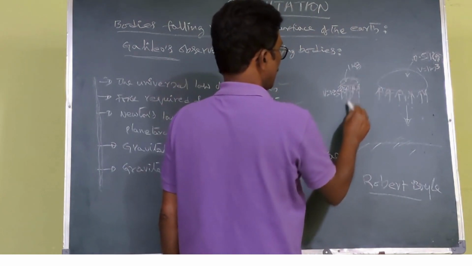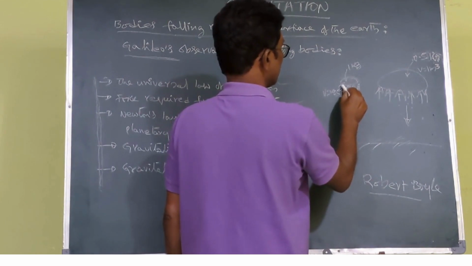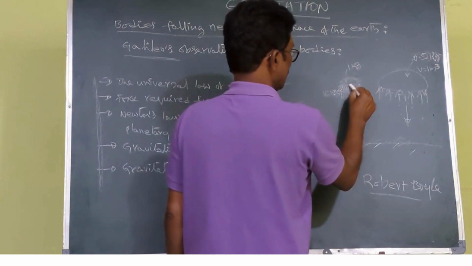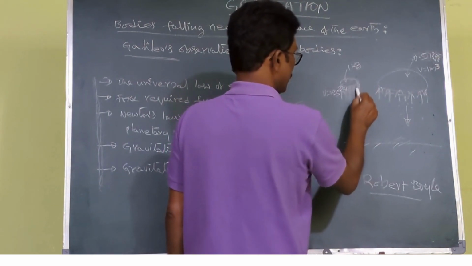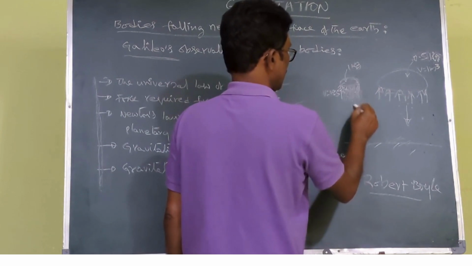Why? While they are falling, the air is acting in the opposite direction. In this case, the mass is 1 kg, but the volume is less, because a small area is exposed to air, so the air resists with some force in the opposite direction.